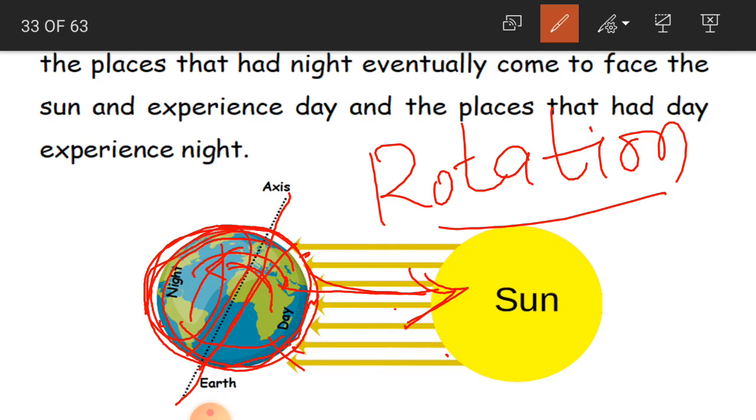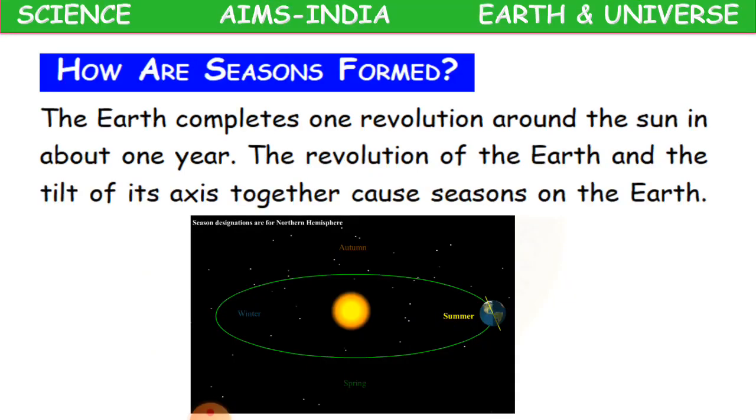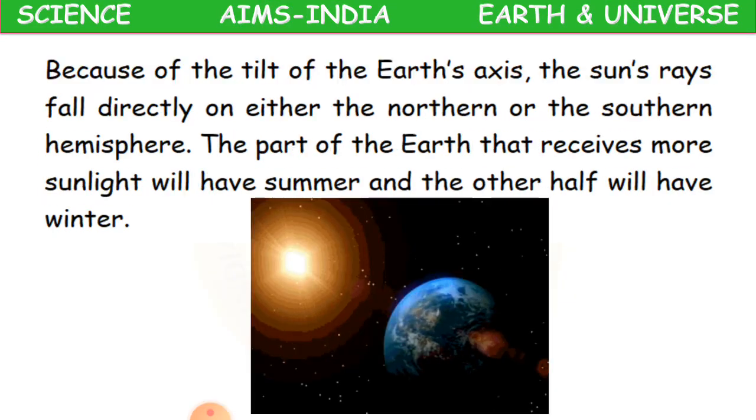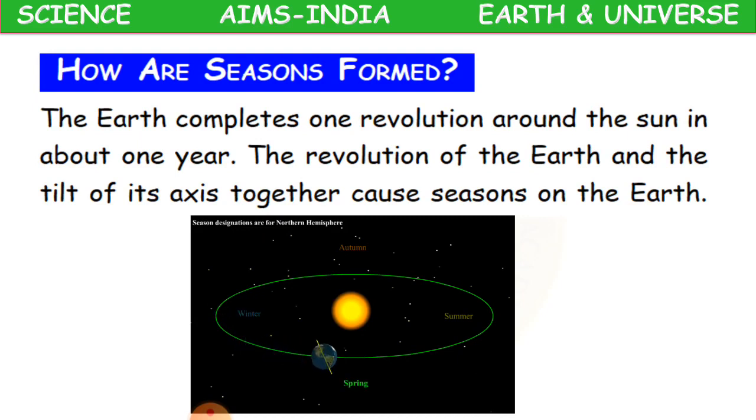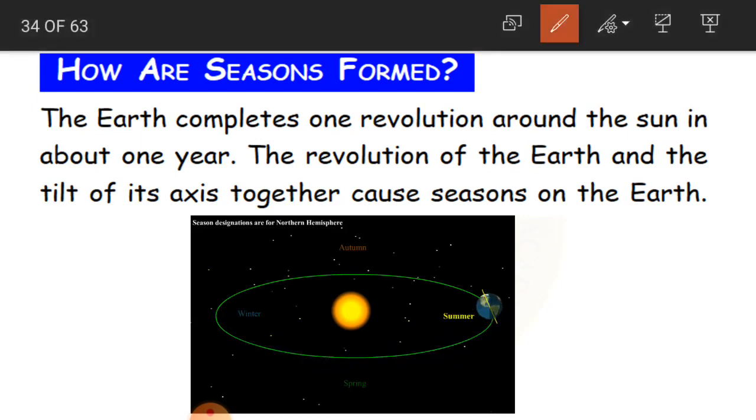When the earth is going to rotate around itself, then this is called rotation. Okay, and now here, when the earth is going to take rounds around the sun, see here in the picture, so earth is going to take rounds around the sun, then this is called revolution.